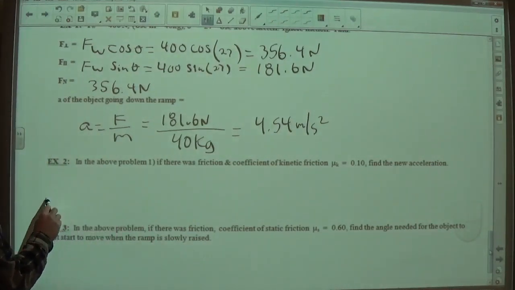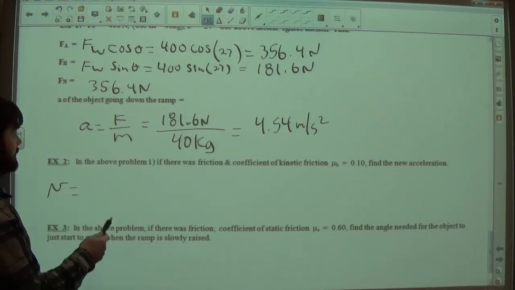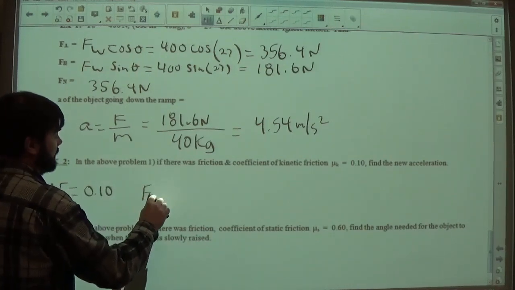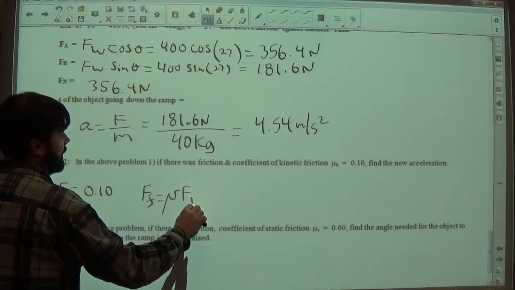So they give us a mu equal to 0.10, and we're trying to figure out the force of friction going up the ramp. So it's going to be equal to mu times this force perpendicular.